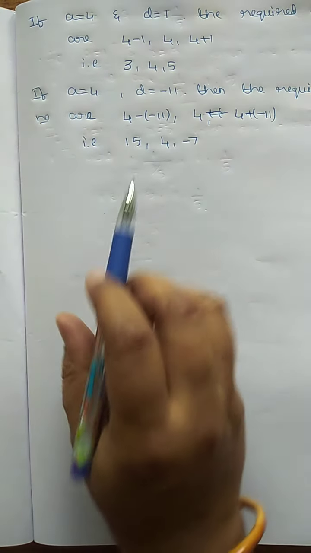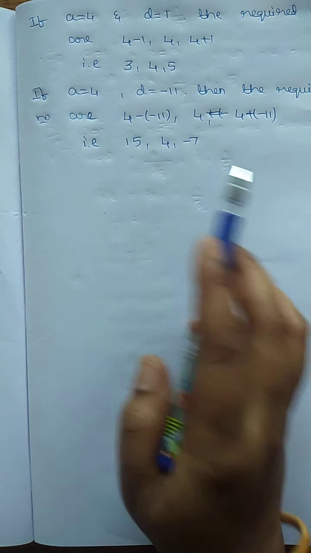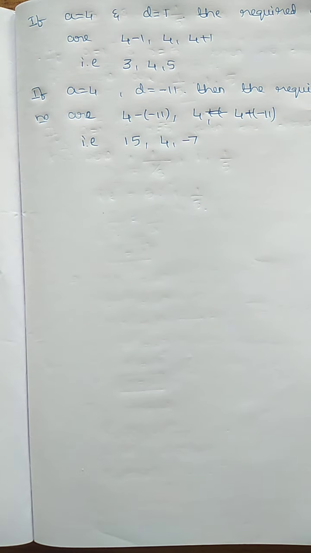Therefore, the three numbers are 3, 4, 5 or 15, 4, minus 7.